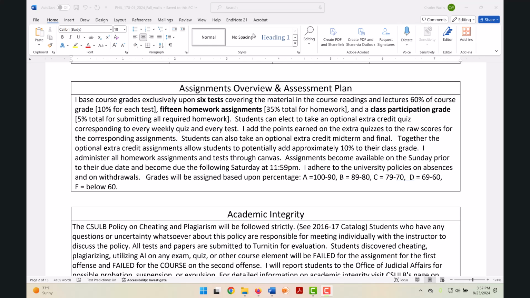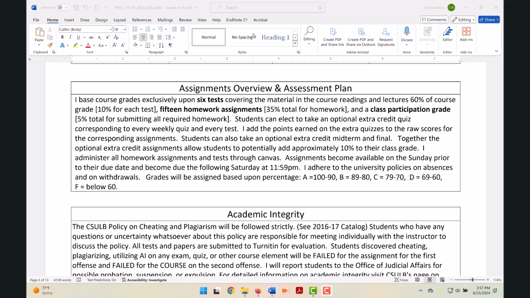In addition, students can elect to take an optional extra credit quiz corresponding to every weekly quiz and every test. I add the points earned on the extra credit quizzes to the raw scores for the corresponding assignments. Students can also take an optional extra credit midterm and an optional extra credit final. Now, I administer all of the homework assignments and tests through Canvas.